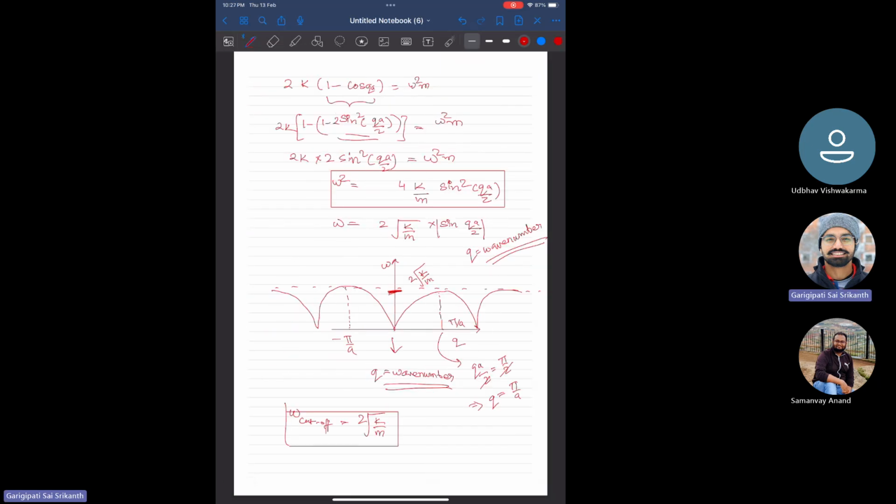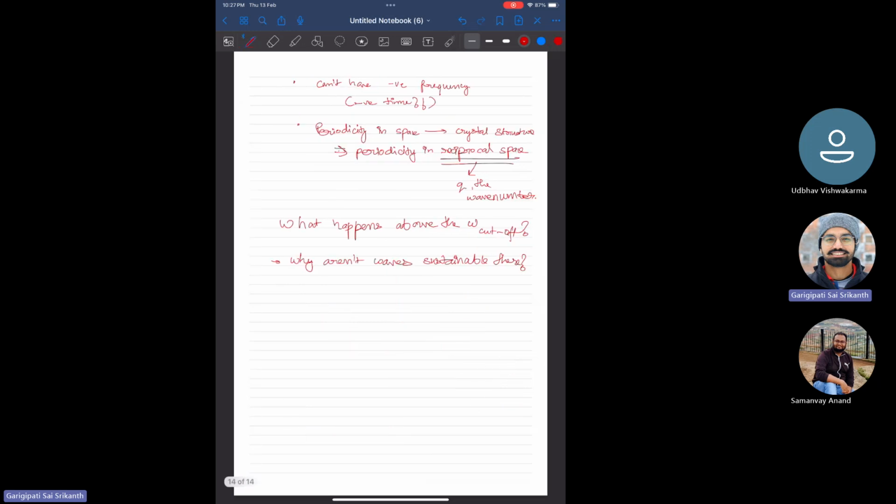Let's take an omega which is greater than omega cutoff. So let's take 4 under root k by m. So this is greater than 2 under root k by m. Right? This is greater than the cutoff.